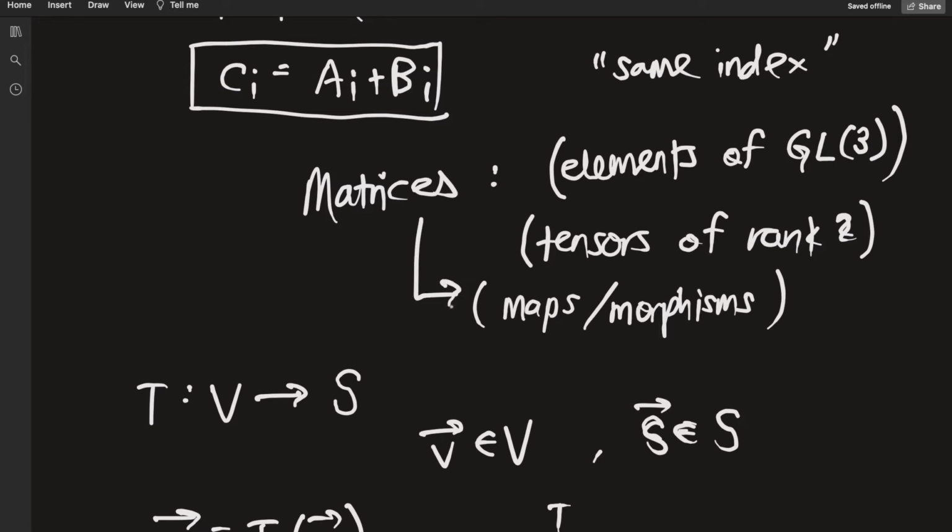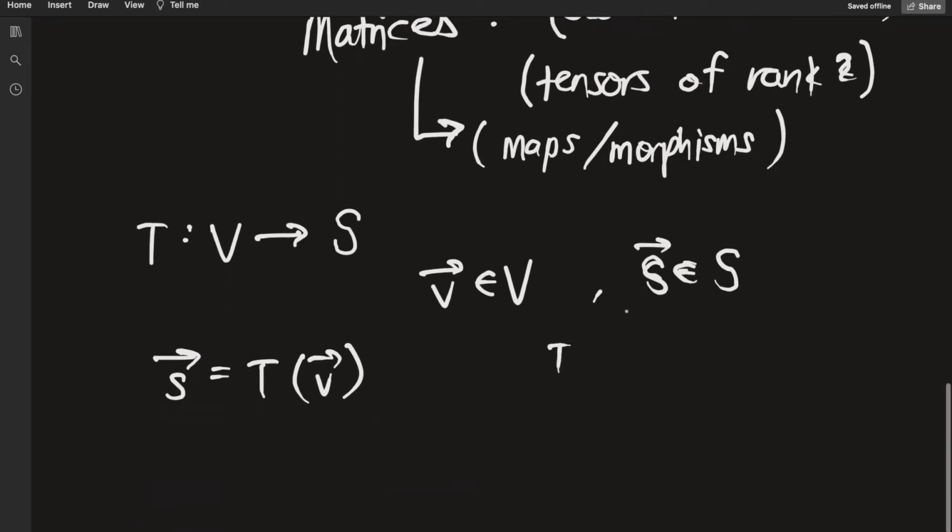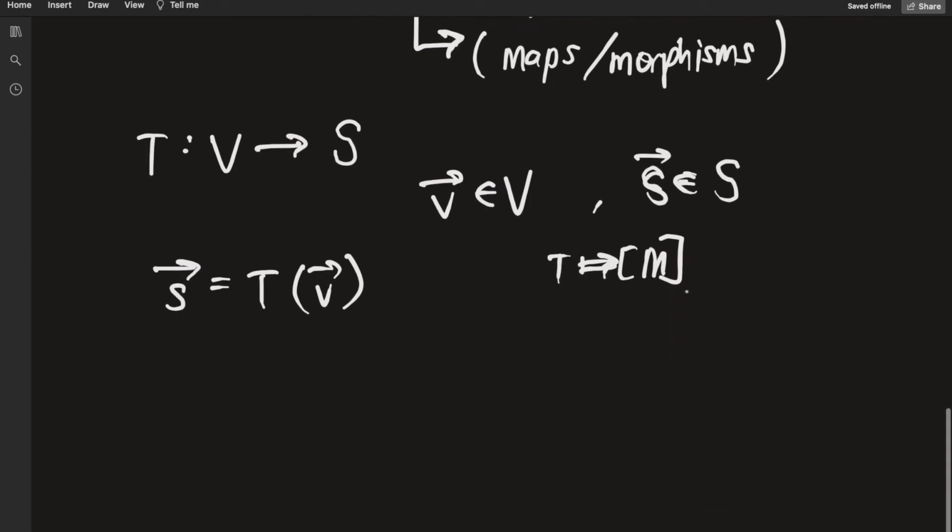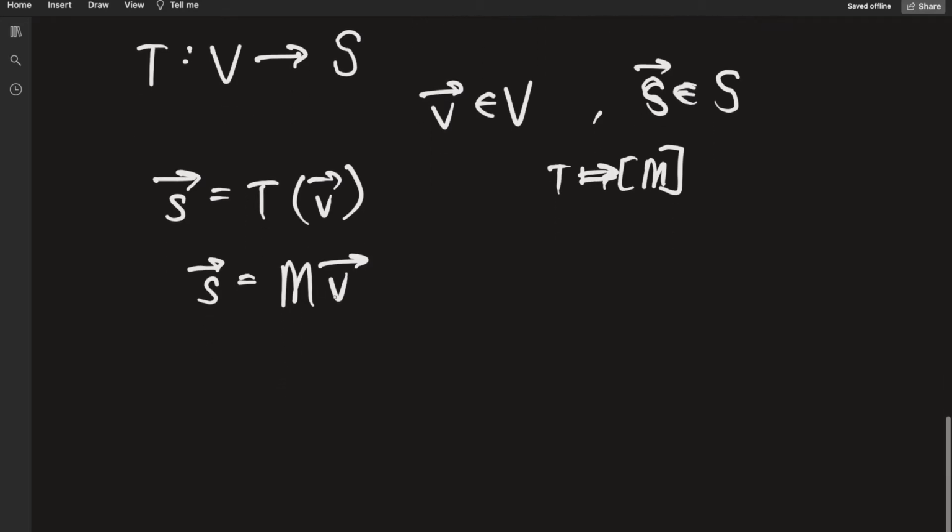So you can use this third meaning of a matrix, and you can say that T is represented, bad notation but whatever, by this matrix M. So this means s is equal to M applied to v.